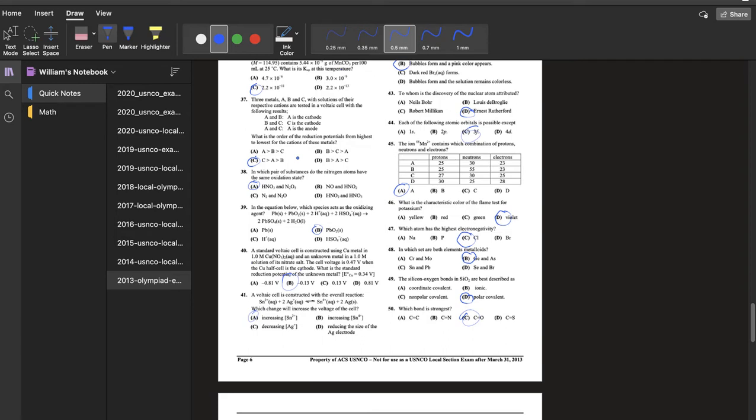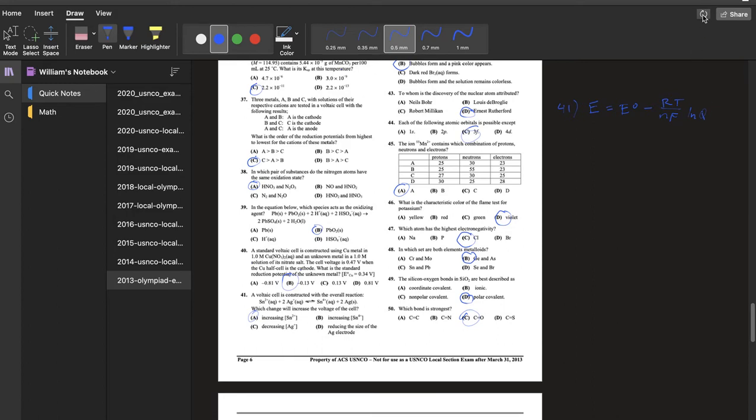You're given this equation. It's a redox reaction. And what will increase the voltage of the cell? That should bring to mind the Nernst equation. So here, since we have a minus sign after E naught, we want Q to get smaller.